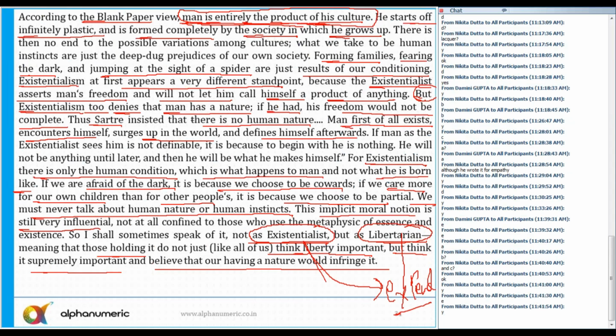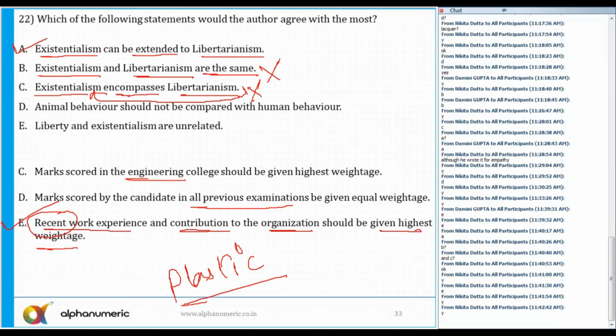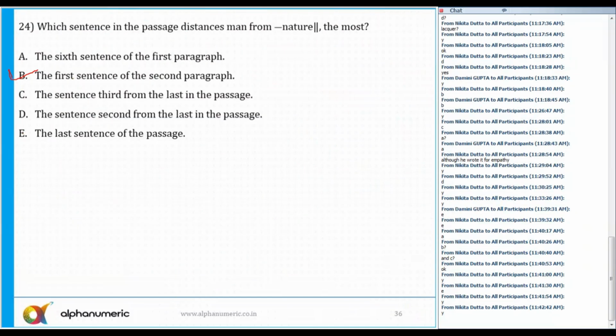So man has nothing to do with nature. Okay, this is the sentence which most distances man from nature. Did you understand why the answer for question number 24 is B? Okay.